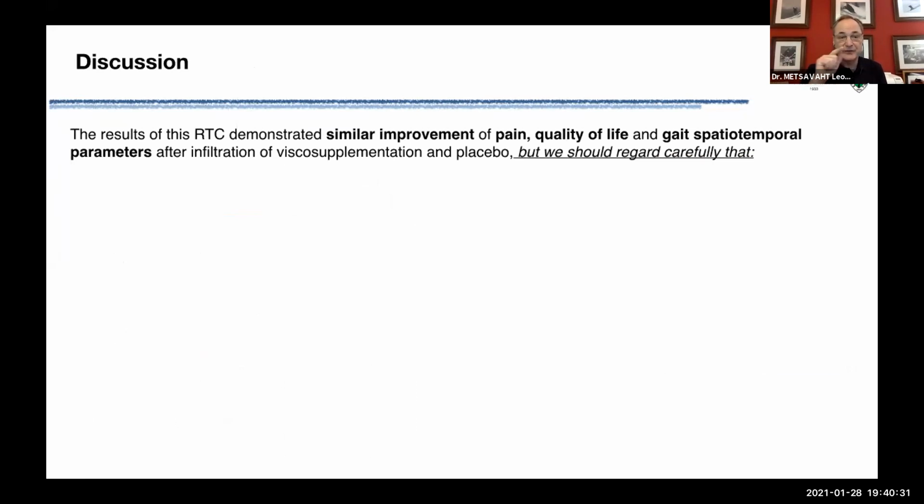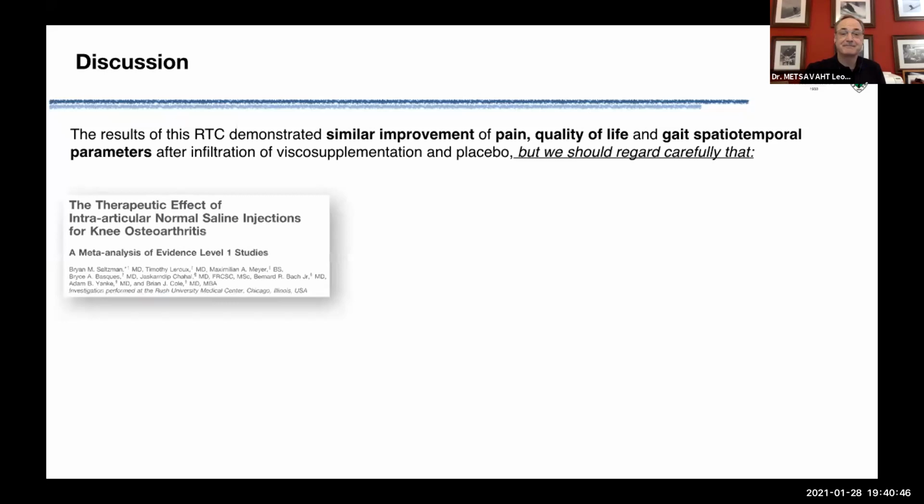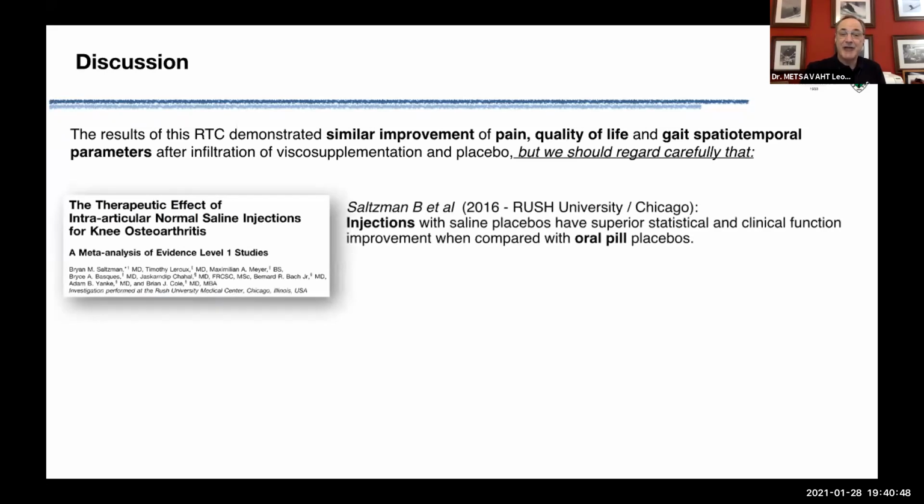So the results of this trial demonstrated a similar improvement in pain, quality of life, and gait spatial parameters after infiltration of visco-supplementation and placebo. But we should regard this carefully, because injections with saline placebos have superior statistical and functional improvement when compared to oral pill placebos.